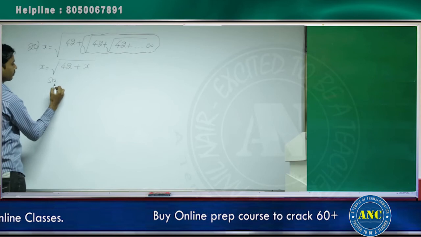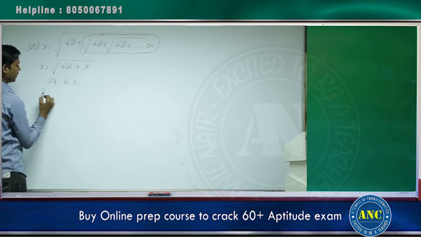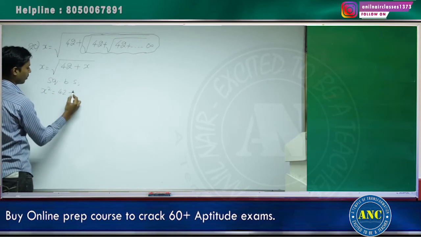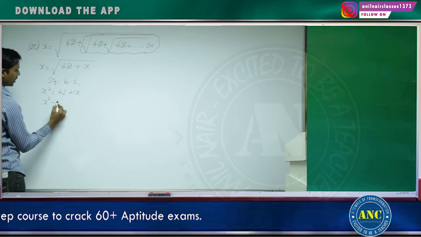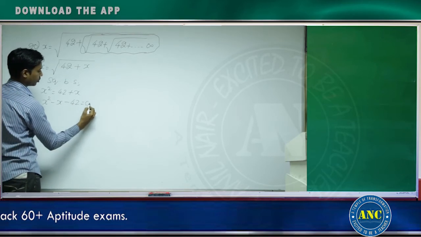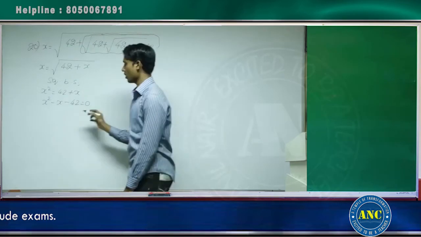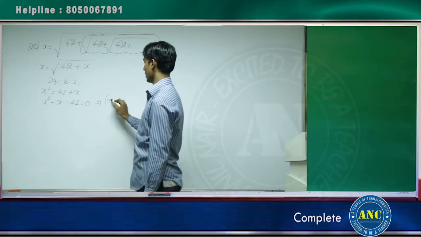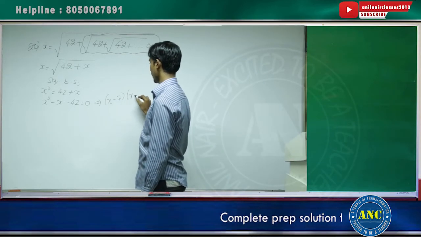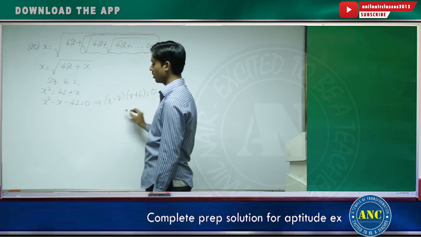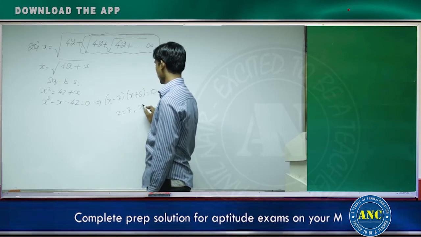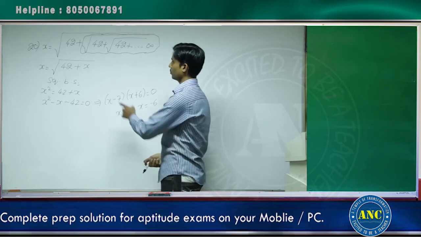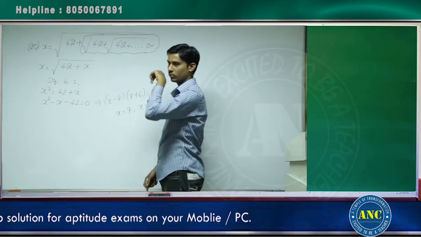If I square both sides, x square equal to 42 plus x. x square minus x minus 42 equal to 0. If I solve this quadratic equation, you will get x minus 7 into x plus 6 equal to 0. x is equal to 7 or x is equal to minus 6. But if you see here, all these are positive terms.